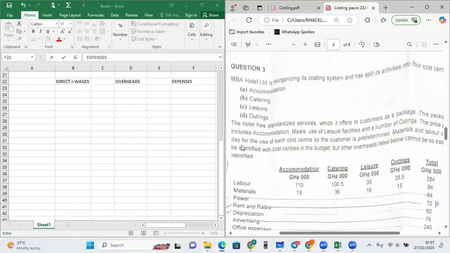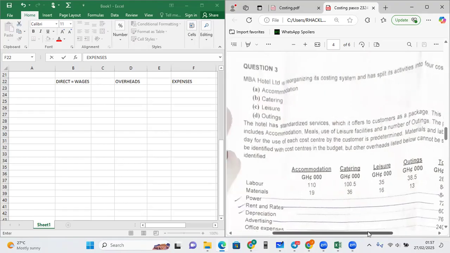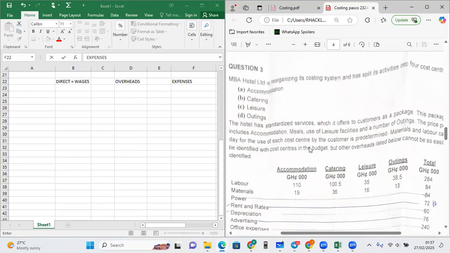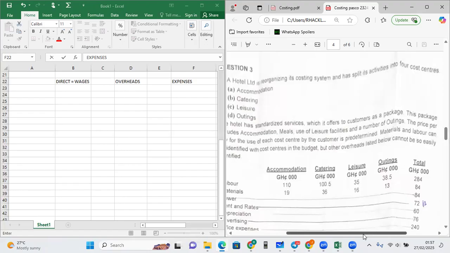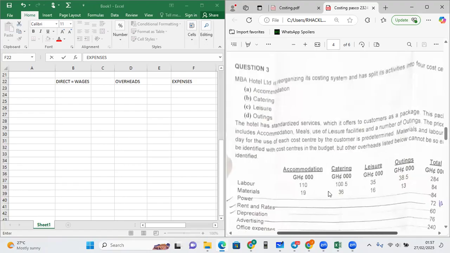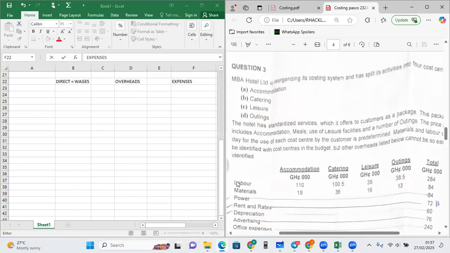The price per day for the use of each cost center by the customer is predetermined. Materials and labor can be identified with cost center in the budget, but other overheads listed below cannot be so easily identified. So you can see labor, material, and the likes are easily identified, right?